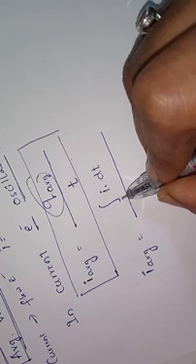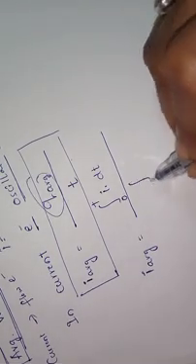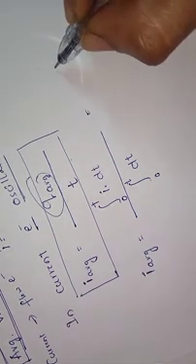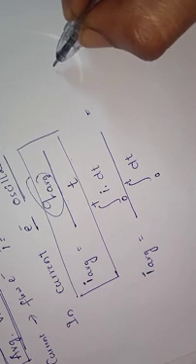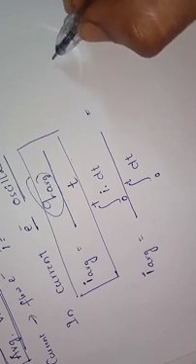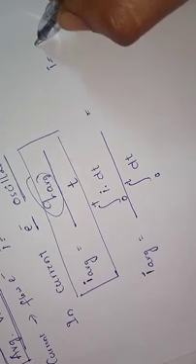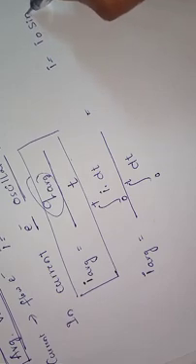Let's write q as I dt, with limits 0 to t, small t. Then how can we write this? We know I is equal to I naught sine omega t.